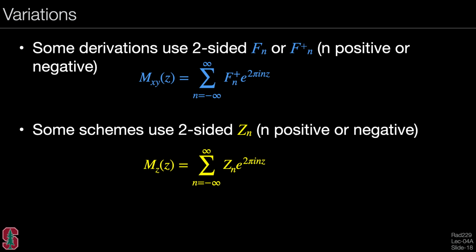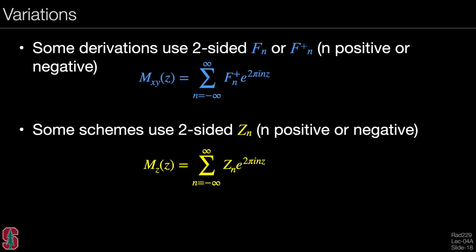Finally, I'll just remind you that there are some variations in how EPG bases are presented. So we've shown, and we try to stick to the case where we have F plus and F minus coefficients for the transverse magnetization. So we essentially have two one-sided sets of coefficients. You can instead use the F plus n's where n is positive or negative, and then you'll have a simpler reverse Fourier transform.